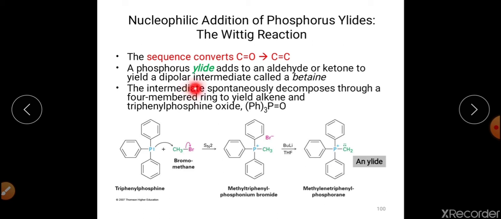The mechanism of this reaction proceeds with the formation of an intermediate called the betaine. Synthetically, this reaction is very important, by which we can form alkene from aldehydes and ketones.